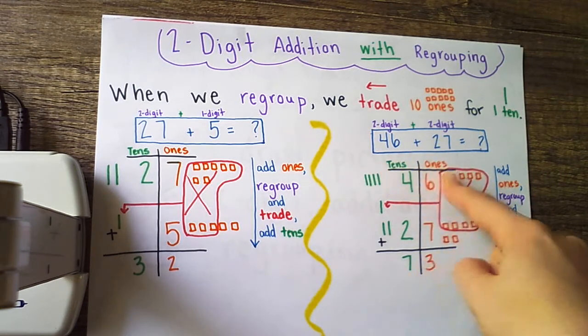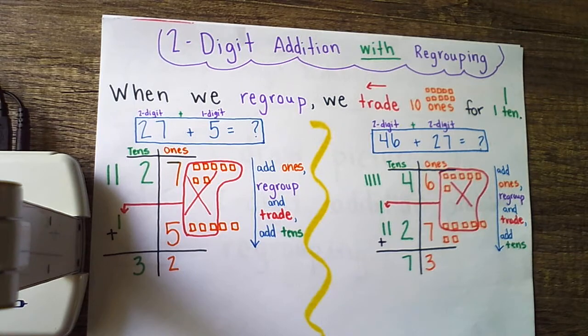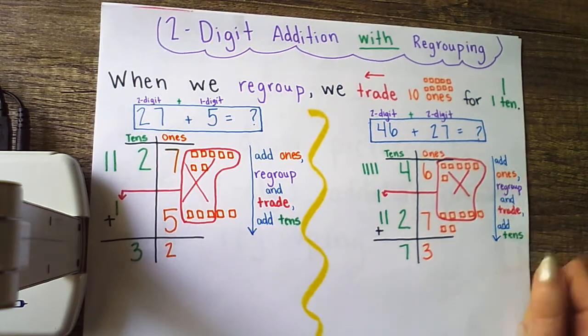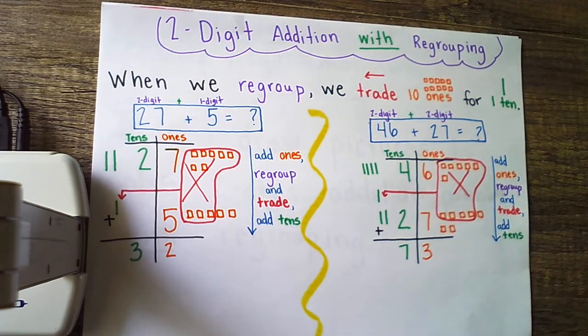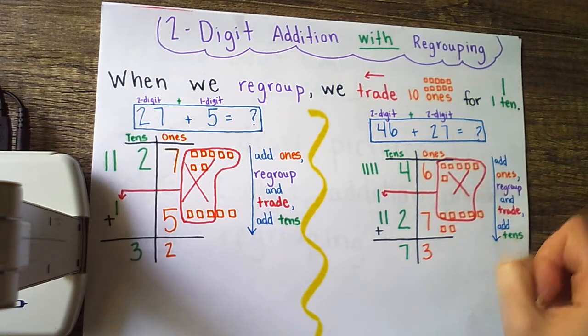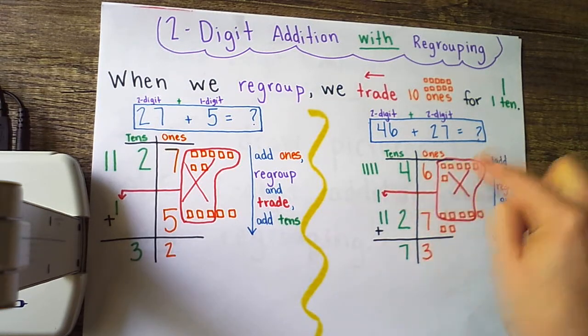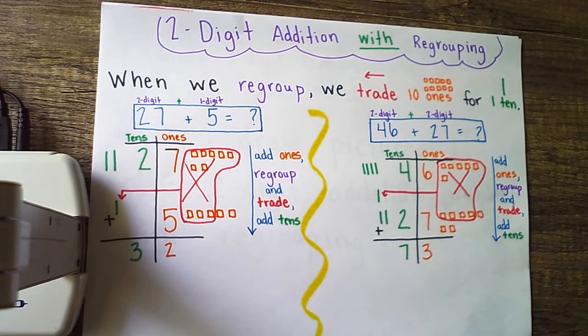That's going to help us show what we know about place value, and it's going to be very important that once we regroup by making our 10 and we make our trade, that we get rid of or cross out the objects that were a part of that group of 10. That's going to be really important today as we are drawing pictures. As soon as we regroup, we're going to trade and cross out. That way we don't accidentally count something twice.